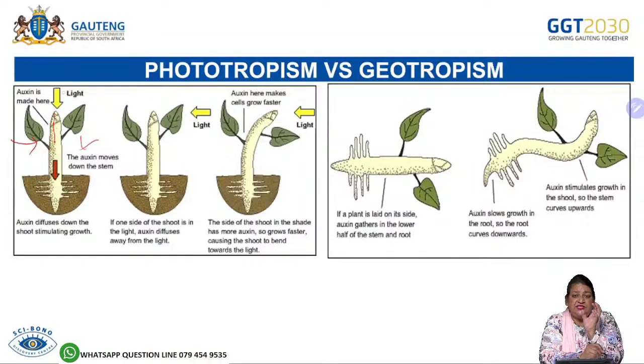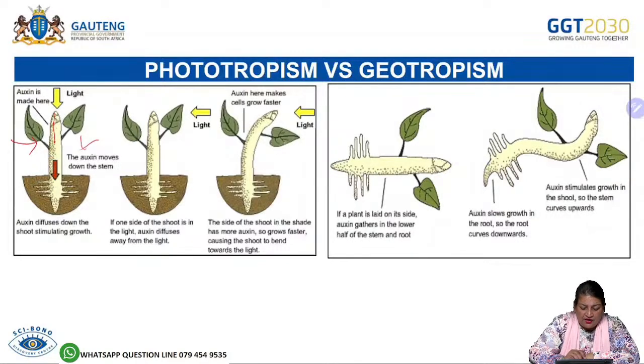So when your trees are in the middle of the ground with no walls, there's no buildings, that means light is coming from all sides, evenly distributed. What auxins do, they move from the tip downwards towards the middle, and they're going to cause rapid cell division and rapid cell elongation from the middle, and then the stem is going to grow straight up.